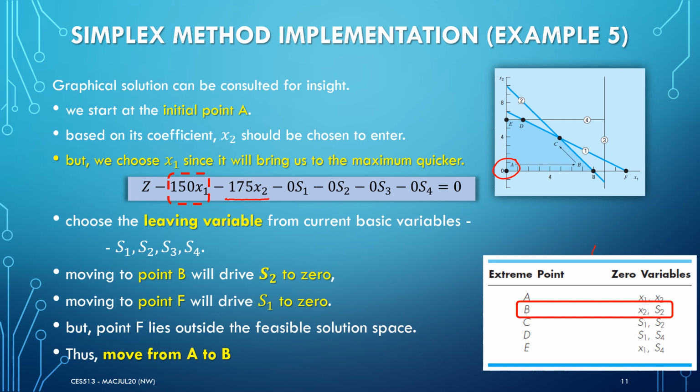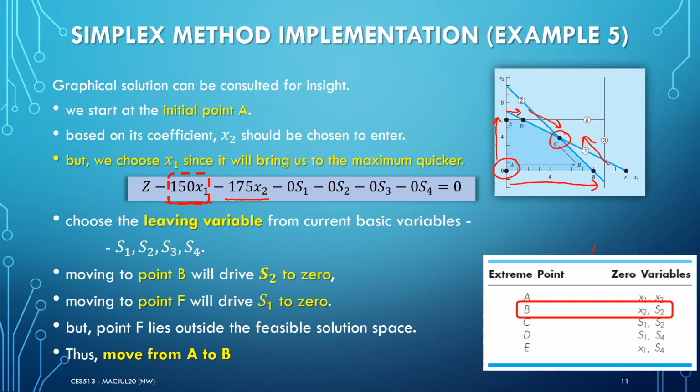But to keep the present example brief, we choose x1, the second higher negative coefficient, because we can see from the graph here that this will bring us to the maximum quicker, which is C as the maximum. As we can see here, from A to B and then B to C is quicker compared to from A to E and then E to D and then D to C.